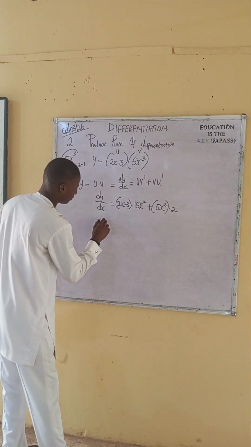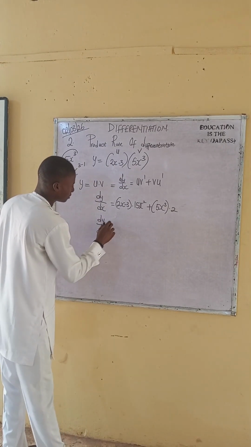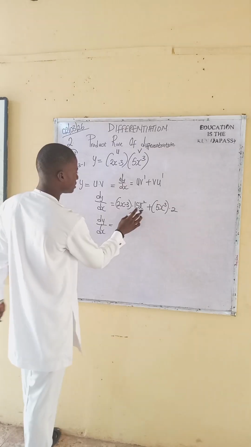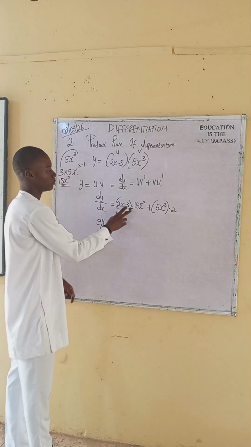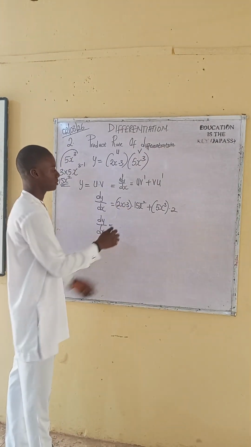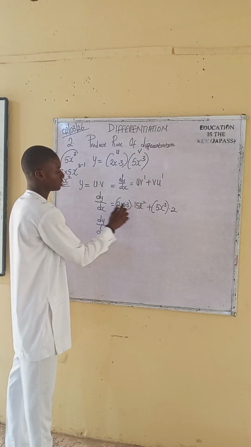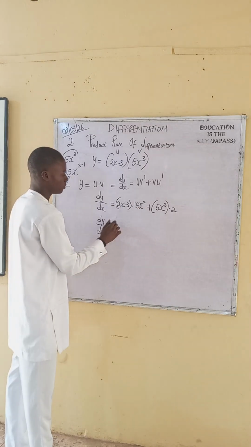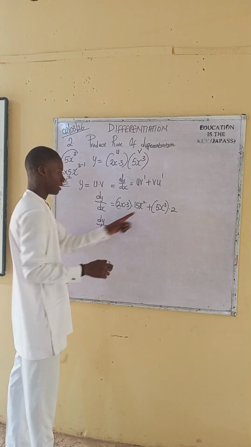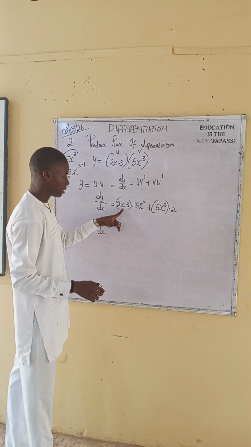So now dy over dx is equal to, use this 15x squared to open the bracket. I'm having 15x squared times 2x, which gives 30, and this is x squared and this is x.